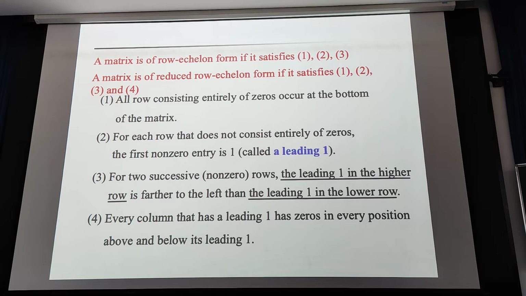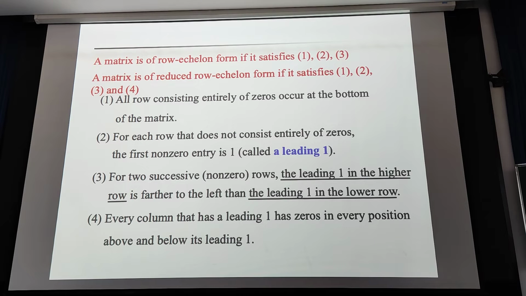And a matrix is of reduced row echelon form if it satisfies not only 3 conditions but also one more condition, number 4, that is here. Every column containing the leading one must have 0 above and below the leading one. So I will not read the condition here.